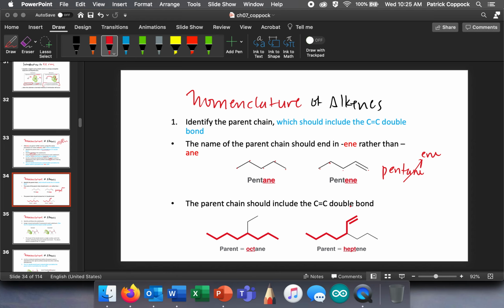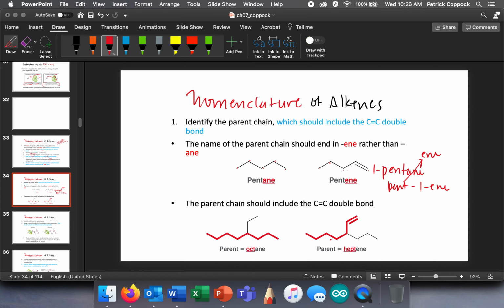The double bond could be here, could be here, could be anywhere. So we have to say 1-pent-ene or pent-1-ene. Both of those names are acceptable. Pent-1-ene or 1-pent-ene.